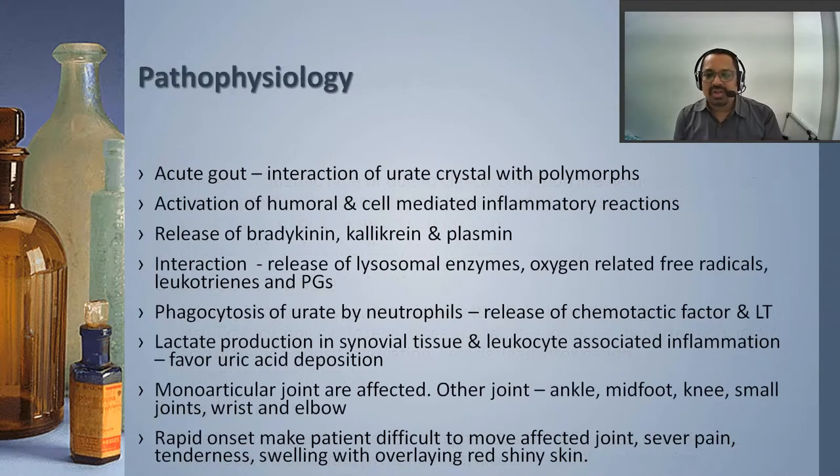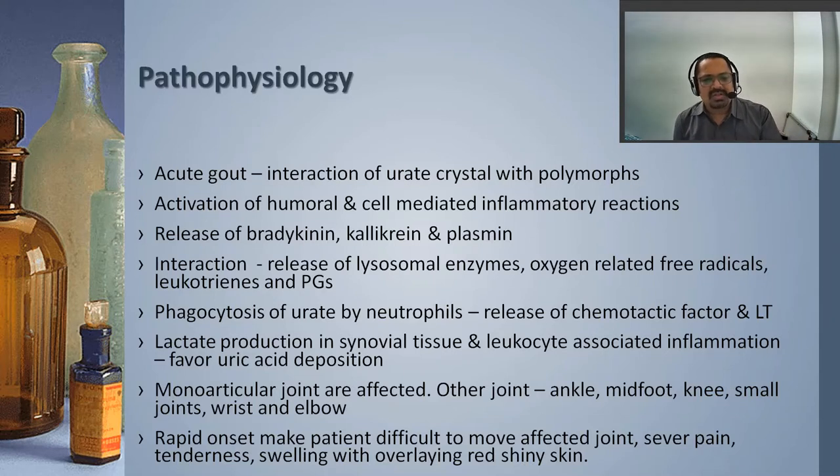As far as the pathophysiology of gouty arthritis is concerned, there is an interaction of urate crystals with polymorphs, and activation of humoral and cell mediated inflammatory reactions. There is a release of bradykinin, kallikrein and plasmin, which leads to the release of lysosomal enzymes and oxygen related free radicals, ultimately leading to leukotriene and prostaglandin synthesis.